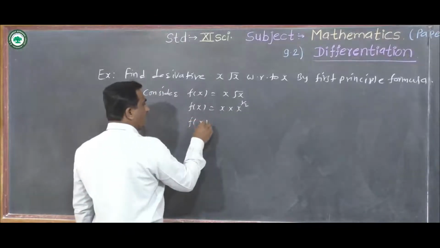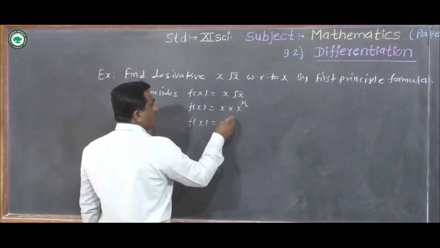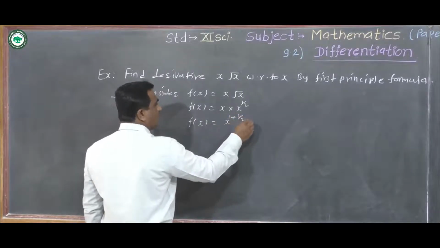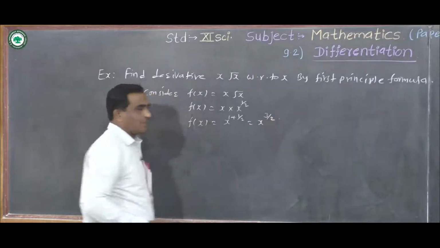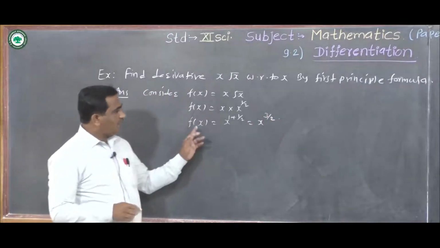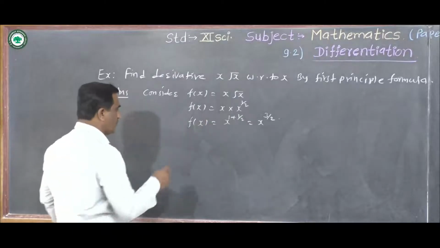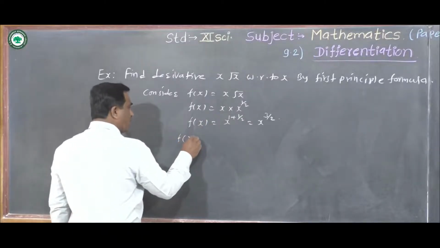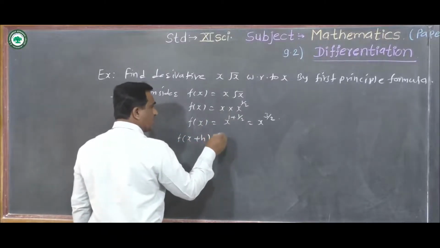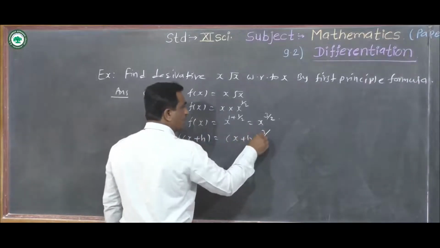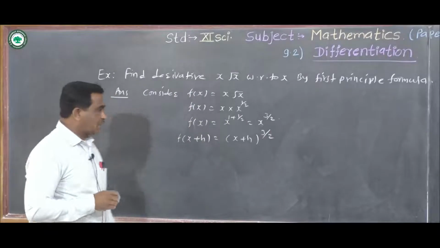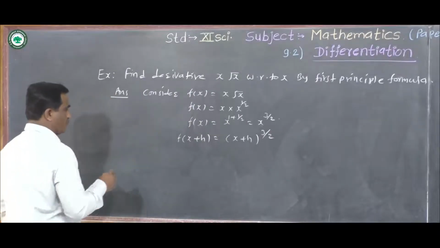We can write here f of x is equal to x raised to 1 plus 1 by 2 is equal to x raised to 3 by 2. Okay, now here put value of x equal to x plus h. Therefore we can write here f of x plus h is equal to x plus h bracket raised to 3 by 2. Now use formula, first principle formula.